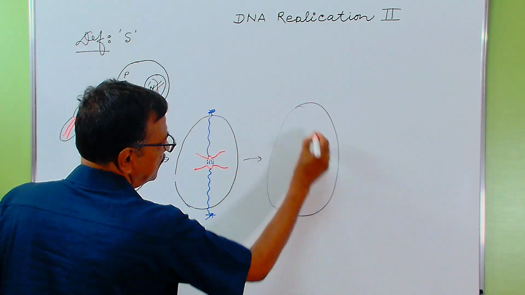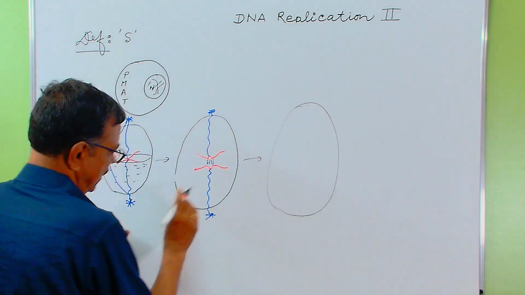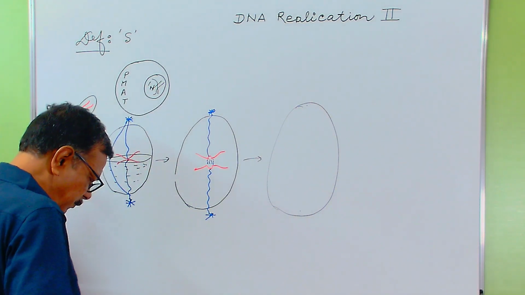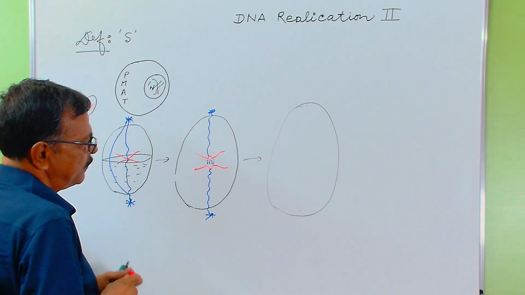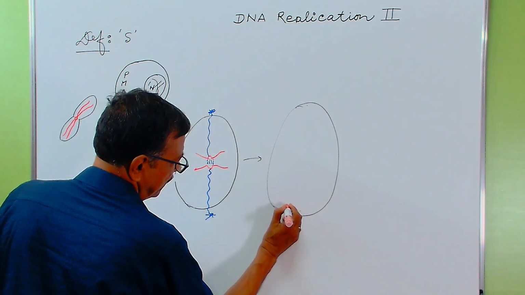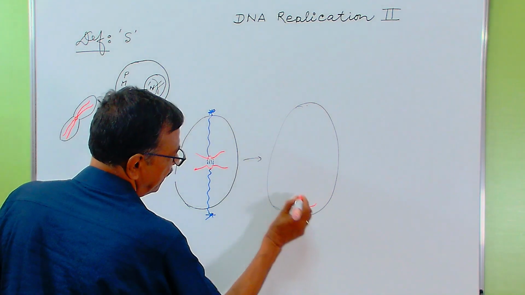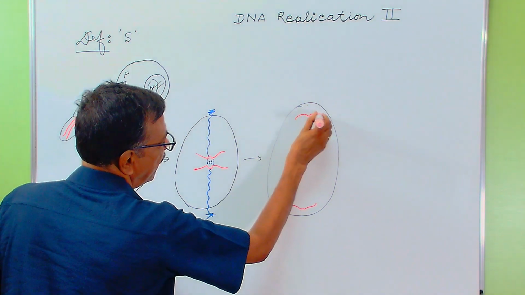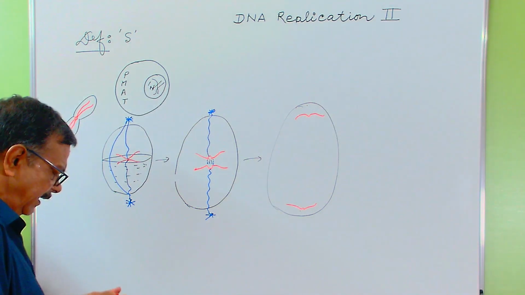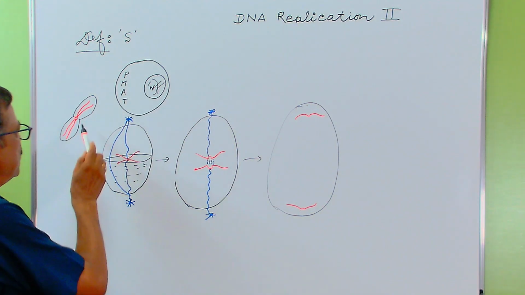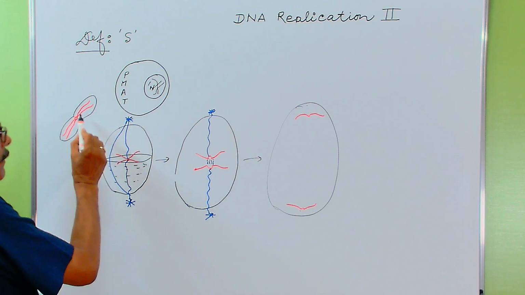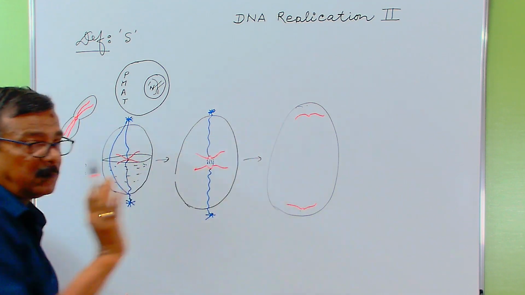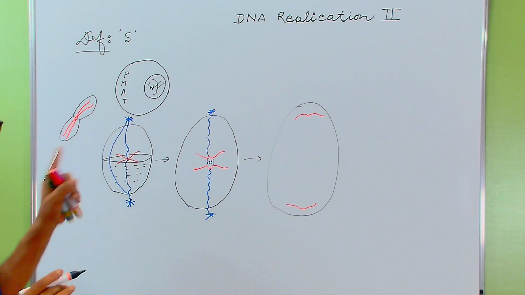This is the equatorial region and this is the polar region. The chromosomes come to the polar region. Here each is made up of a single chromatid, mind it.